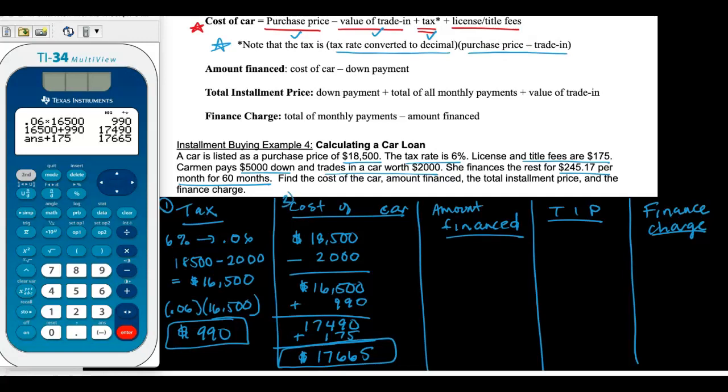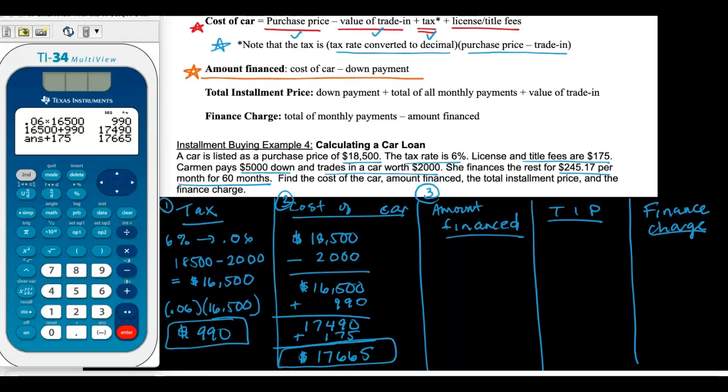And so now we're ready to calculate. So that was step 2. Now we're on step 3, which is calculating the amount financed, or the amount that's borrowed from the bank. And so we're going to have to pay off this cost of the car that we just calculated, but if there was a down payment made, we need to subtract that. So now we're on this formula right here where it says amount financed equals the cost of the car minus the down payment.